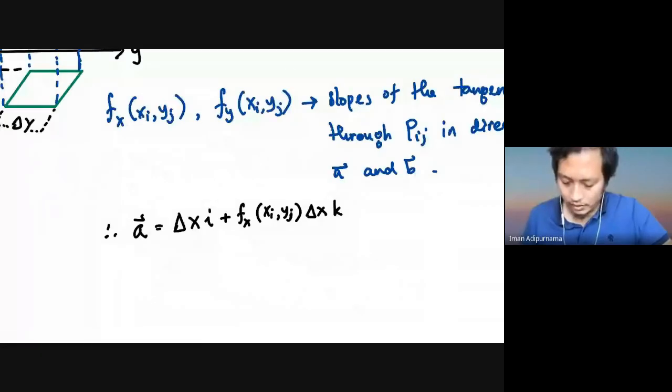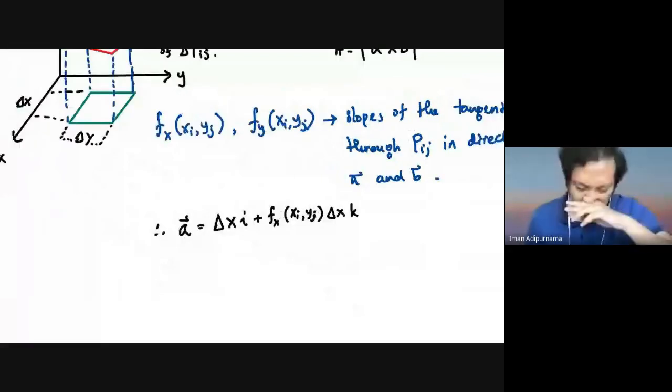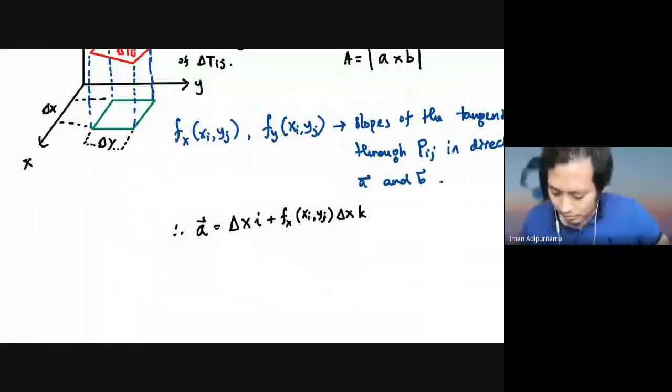So first we can calculate A cross B: delta x, 0, partial x, by 0, delta y, partial y. Let me write just partial x and partial y, and later I will put in the point.